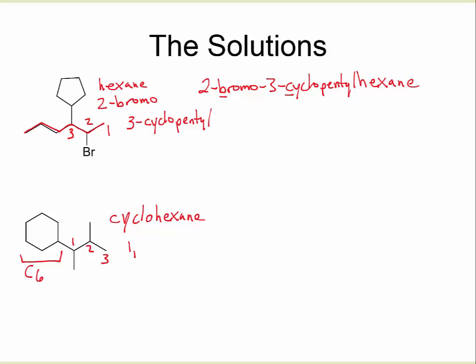So I'm going to have a 1,2-dimethyl attached to a propyl. And that's where parentheses are going to be helpful. Putting it all together, (1,2-dimethylpropyl)cyclohexane.